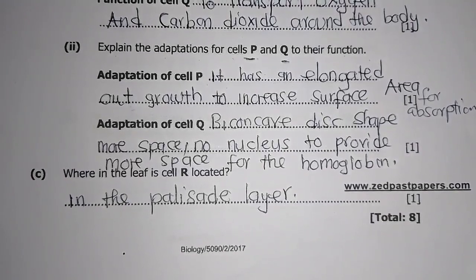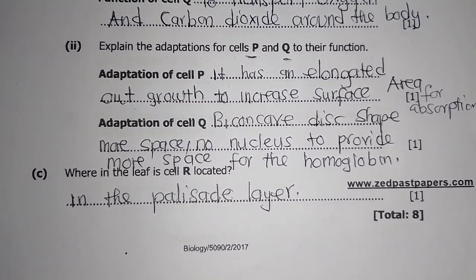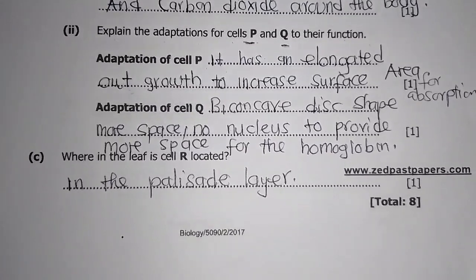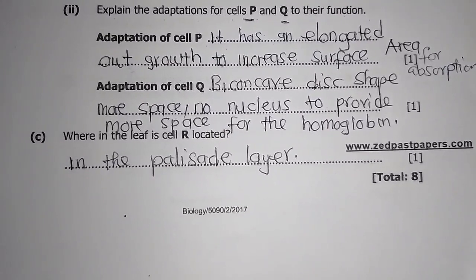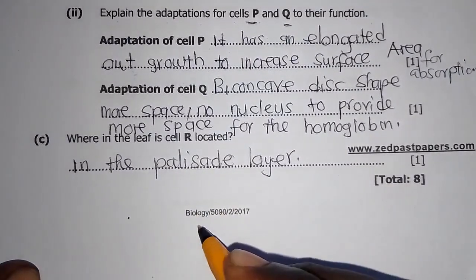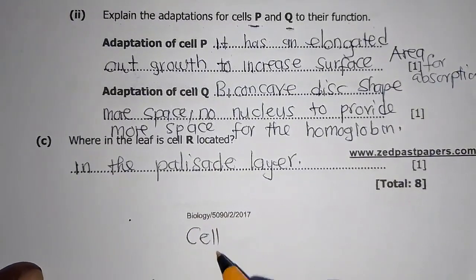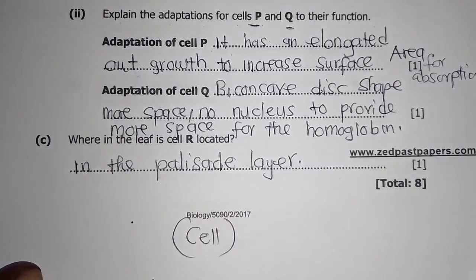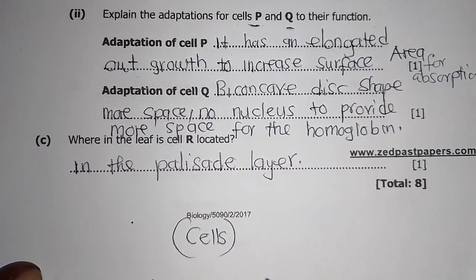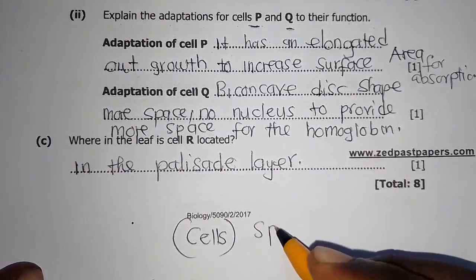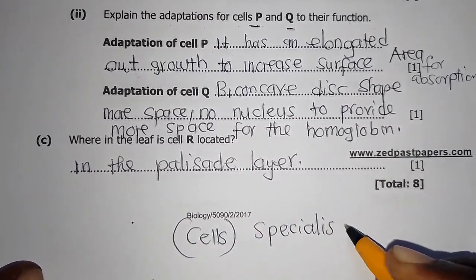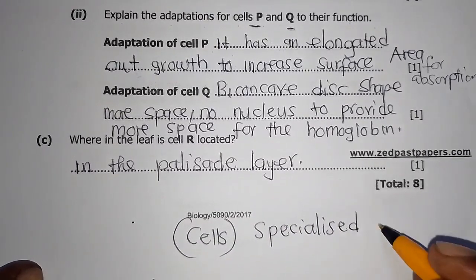So just answering this, I believe you can get all the 8 marks. So how can we conclude this? The whole question was under cells. So make sure you revise through cells. Cells come in an exam, and specifically, these are specialized cells.